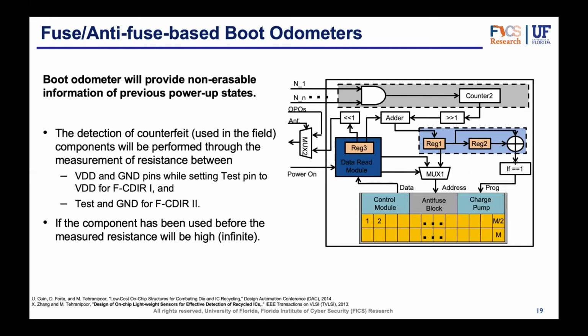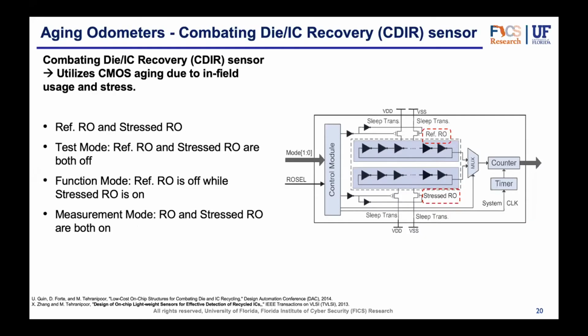There are, as I said, a number of IPs, but maybe a slide on the odometer as an example: boot odometer that the team is developing, which takes advantage of existing non-volatile memories or anti-fuses, and then uses different things as a trigger. It could be a clock, it could be a power-on switch, etc., to measure how many times the chip has been powered on to represent the usage of the chip.